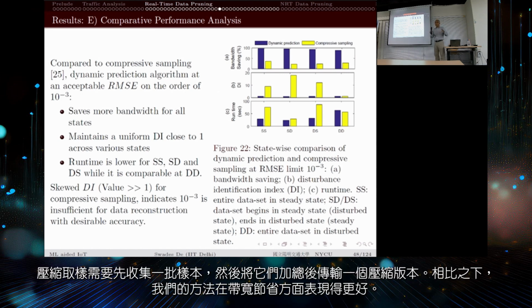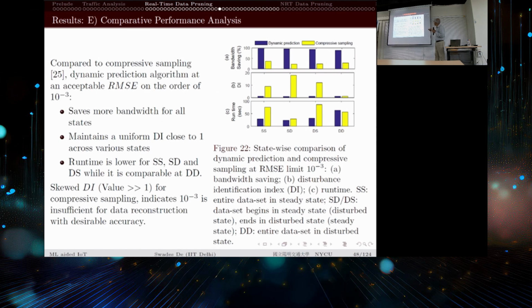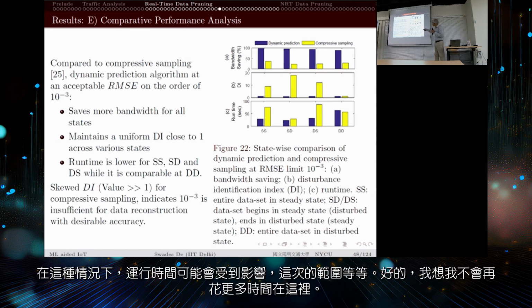Compressive sampling requires a batch of samples to be collected and then acted on, and to transmit a compressed version. But we see that our approach has performed better, bandwidth saving wise. In this case, runtime wise it is something, and disturbance index wise, etc.